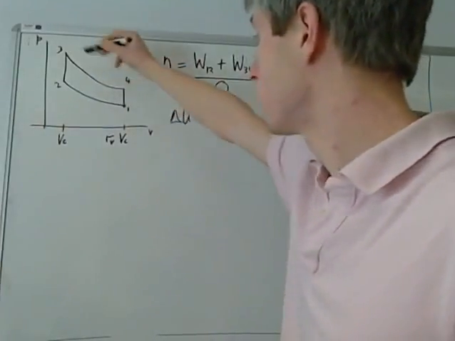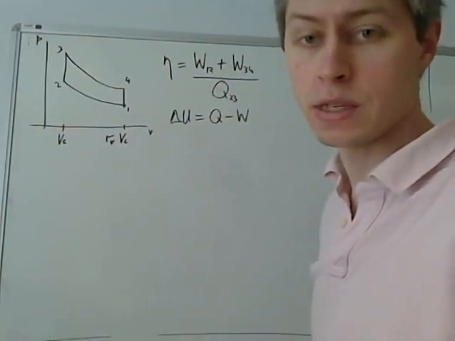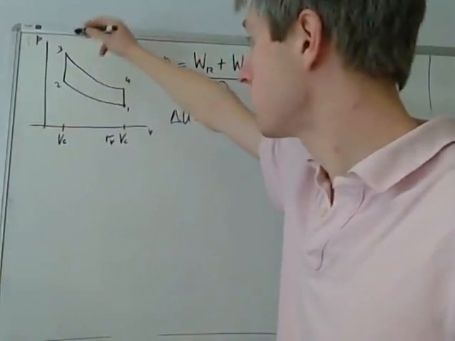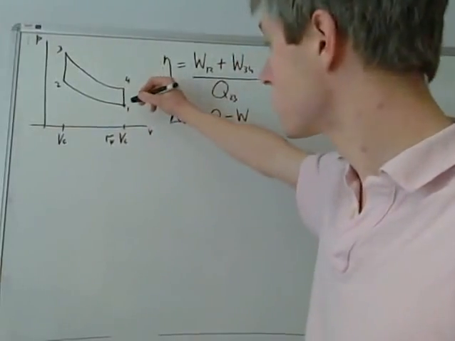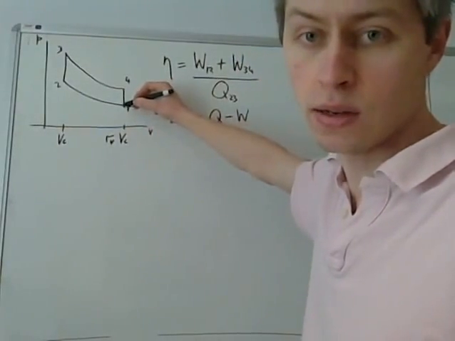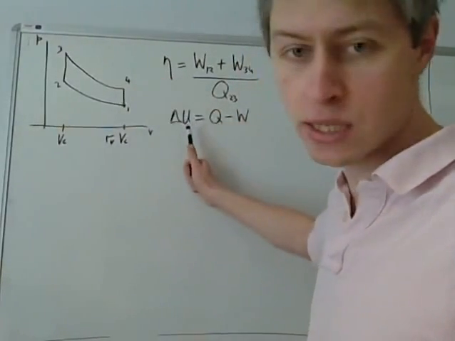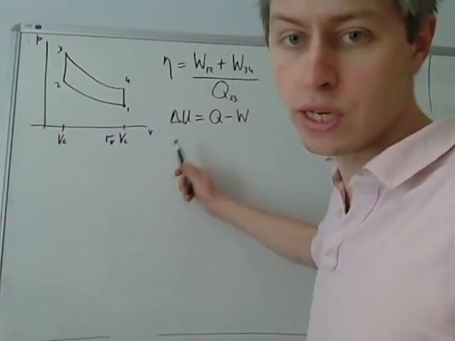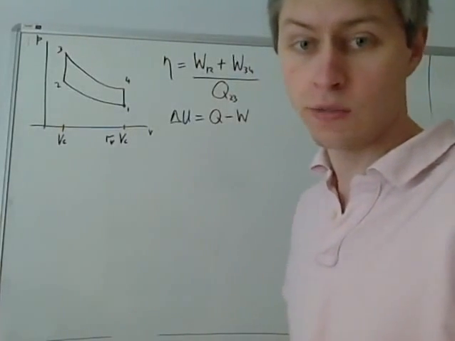But here the processes together form a thermodynamic cycle. We start off at state 1, go around various other states, but we always return to state 1 again. And internal energy is a state function. Therefore, the total change in internal energy for the cycle is 0.